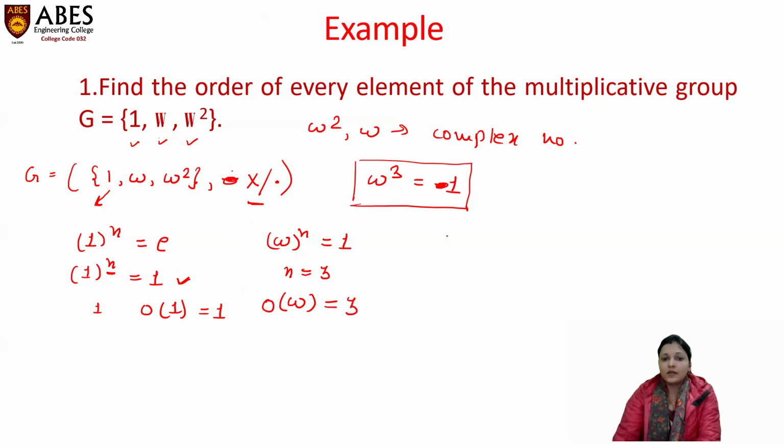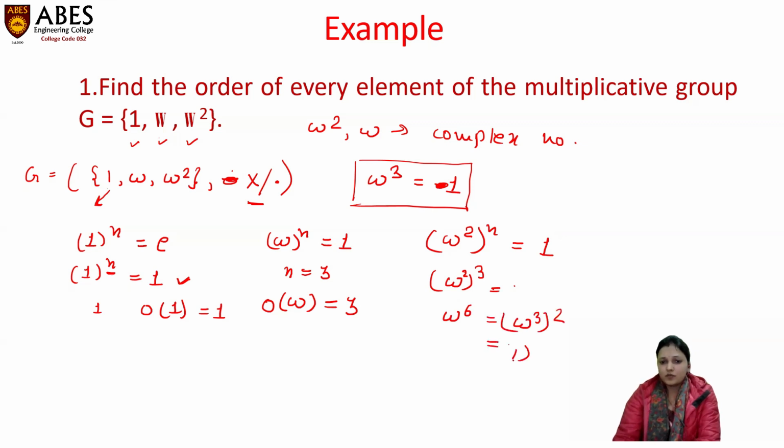Next is omega square. What power of omega square will give you 1? We know that omega cube is 1. So if we take the power 3 of omega square, we will get omega to the power 6. Omega power 6 is omega cube squared.